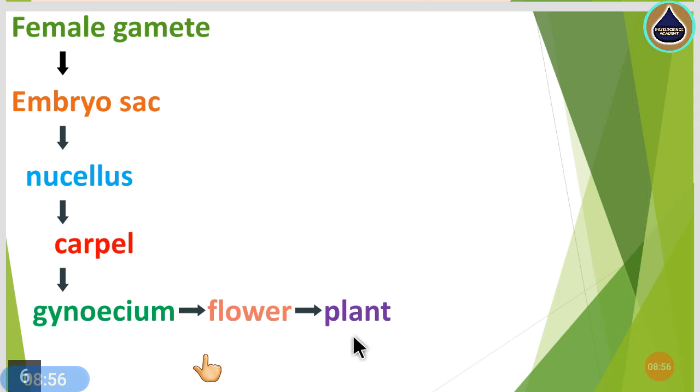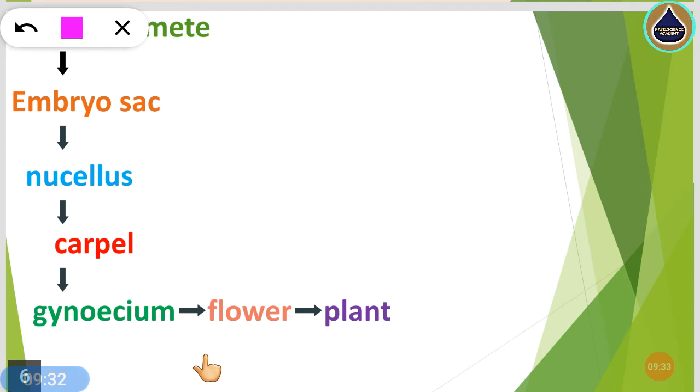So I hope it is clear in your mind. Let's see one more time. A plant has a flower, which has a female reproductive part called the gynoecium, and a single unit of the gynoecium is called a carpel. The carpel has the nucellus, and in the nucellus there is the embryo sac, and in the embryo sac there is an 8-cell structure, out of which one cell is called the female gamete, that is, the egg.